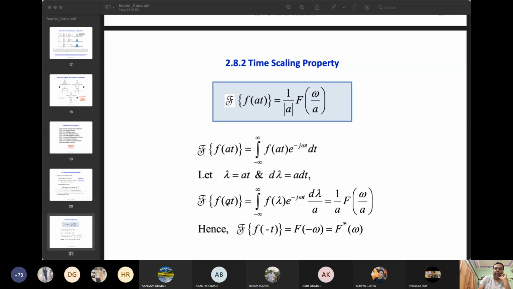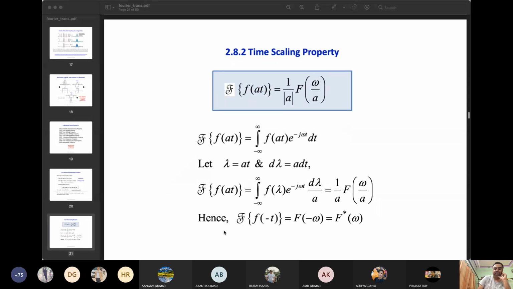Then the Fourier transform of f(at) is the integral of f(lambda) e to the power minus j omega lambda by a, d lambda by a, which equals 1 by a F(omega by a), because t equals lambda by a. So the proof is this. Therefore, by the time scaling property, the Fourier transform of f(at) equals 1 by mod a F(omega by a). Therefore, the Fourier transform of f(minus t) equals F(minus omega).